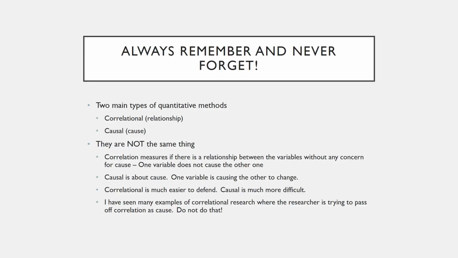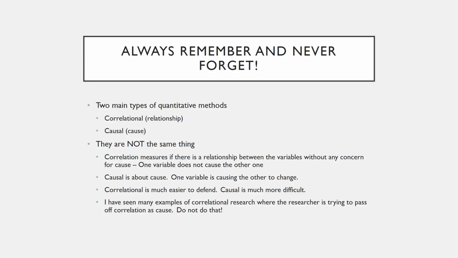Causal is much more difficult to defend, and usually requires an experimental design where you have a control group and an experimental group, and those two groups are the exact same at the beginning, but you apply some sort of intervention to the experimental group and then measure the difference between the control group and the experimental group. That's a lot to set up, and that's a lot to do. But it can be done.